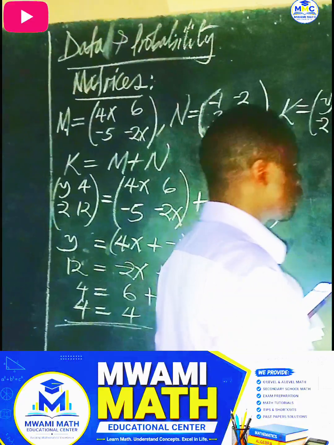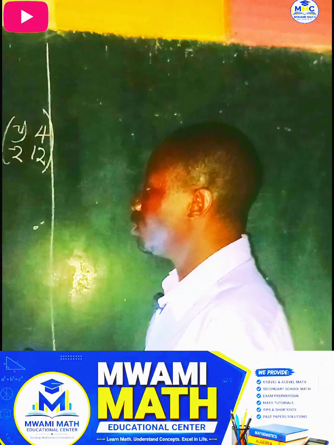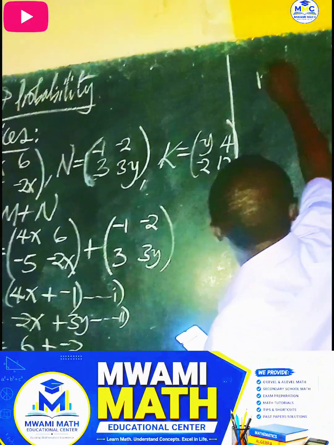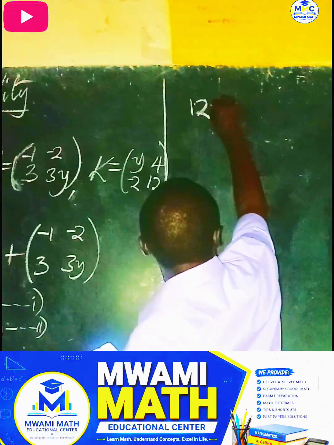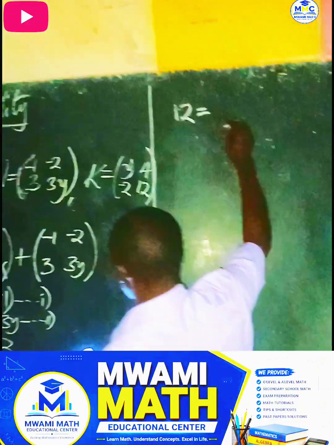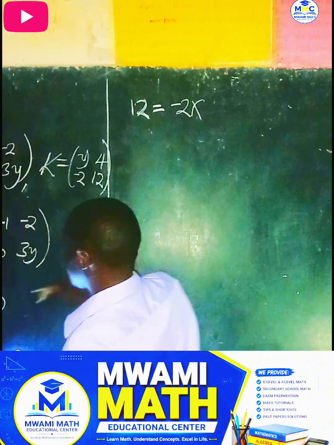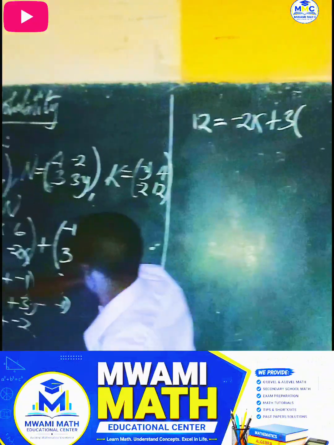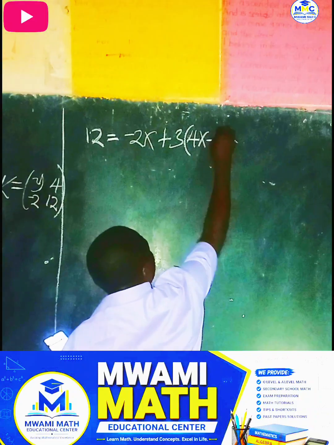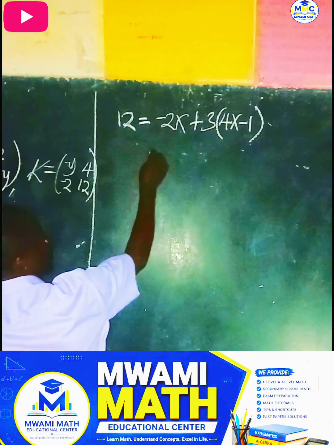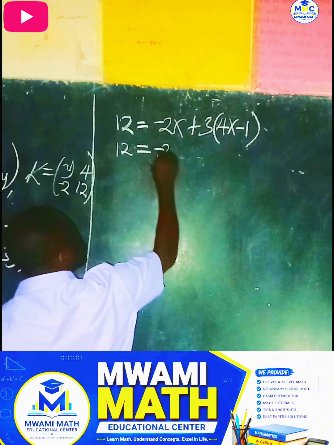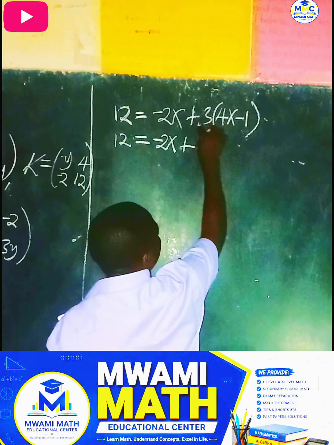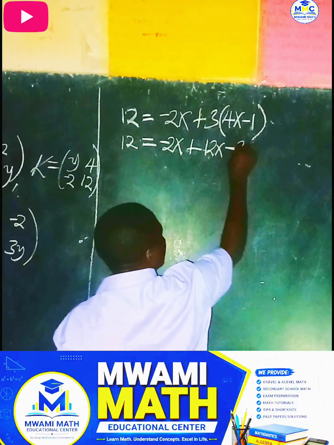So this will give us 12 is equal to -2x plus 3y, but our y is 4x minus 1. So now this means 12 is equal to -2x plus, open bracket, 3 times 4x, 12x, minus 3 times 1, that is 3.